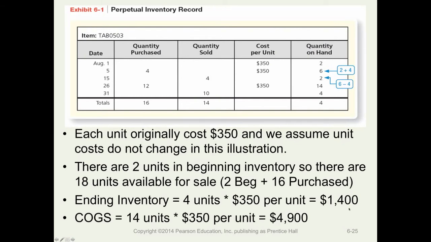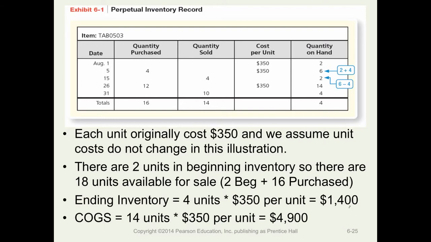So let's take this simple illustration. Again, we're thinking about, I guess, Smart Touch Learning again. And notice that we have an inventory record for a certain tab or tablet. And the number is Tab 0503, so it's model 503 of a tablet.